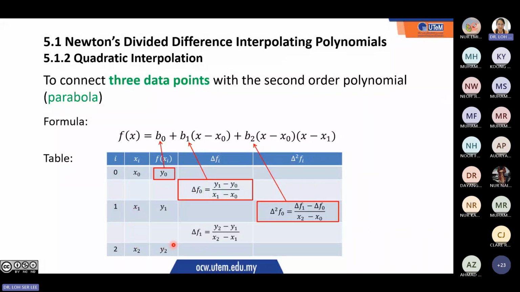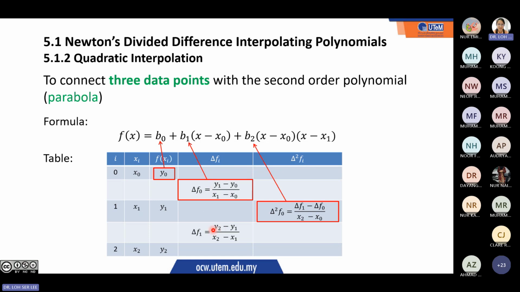And you have to write this out first. For 3 data points, that means second order, x to the power of 2. When you expand, you will see the x squared. So that's why we need to write up to B0, B1, B2. Then from here, construct the table. This value is y1 minus y0 divided by x1 minus x0.